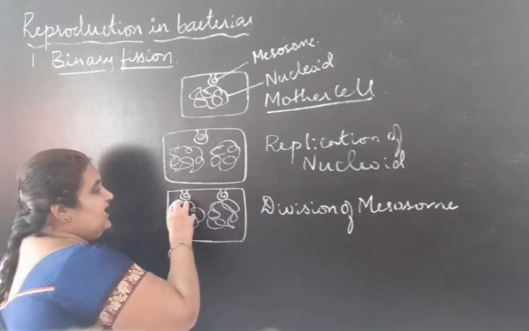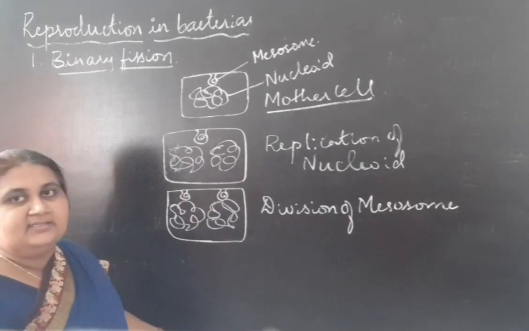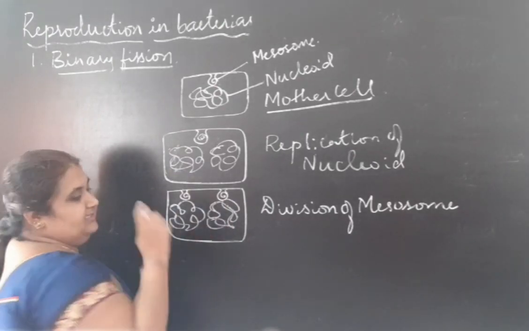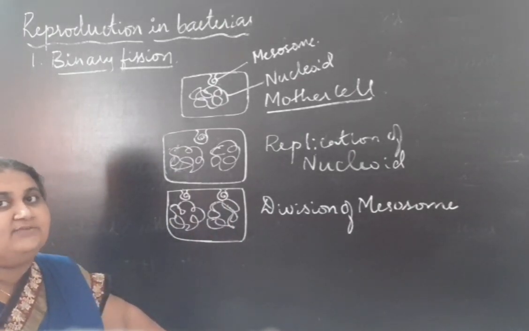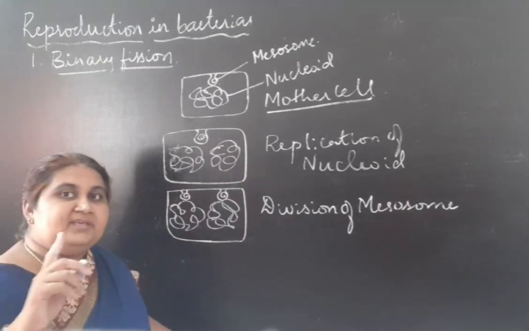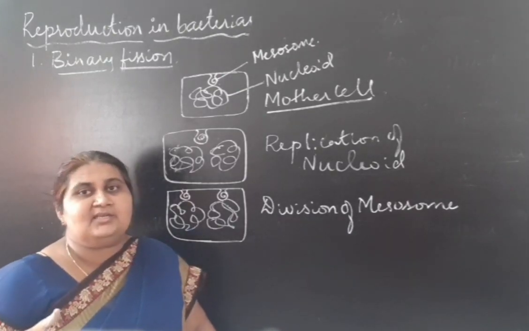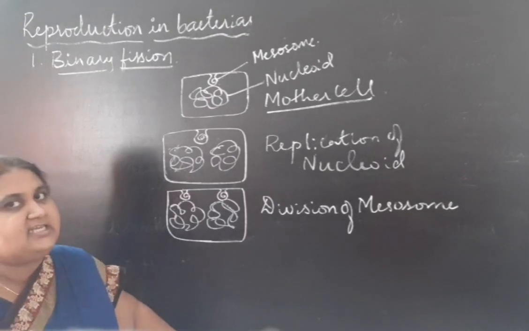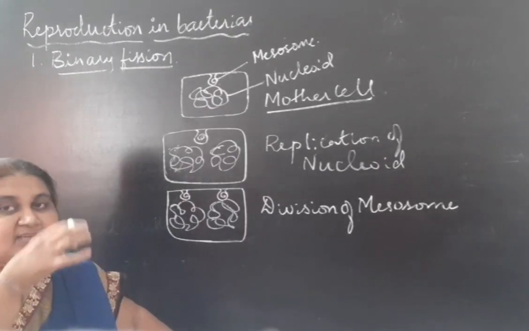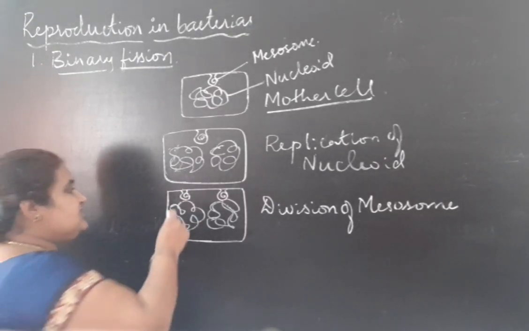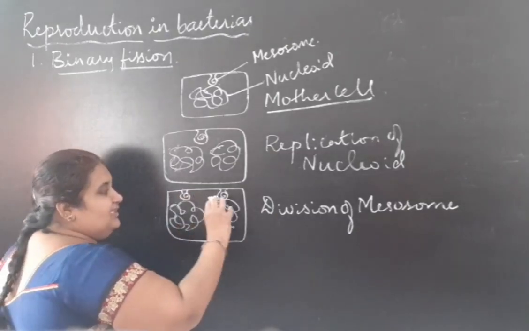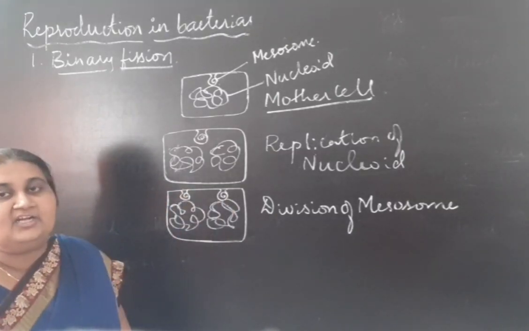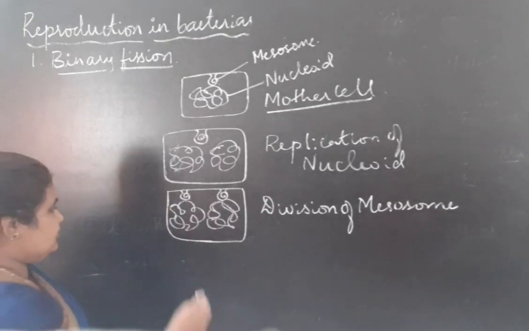I have told you the function of mesosome: it is a site of respiration as well as helps in cell division. Cell division itself is a mode of reproduction. So this mesosome gets attached to the genetic material during reproduction.